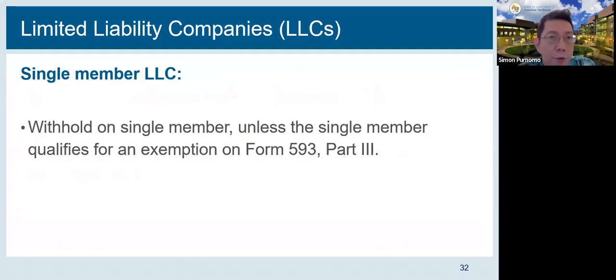For a single member LLC, you must withhold unless the single member LLC qualifies for an exemption on Part 3 on the Form 593. Because based on the IRS, if an SMLLC is not elected to be treated as a corporation, then it will be treated as a sole proprietorship. That means it will follow the same rules as an individual seller.